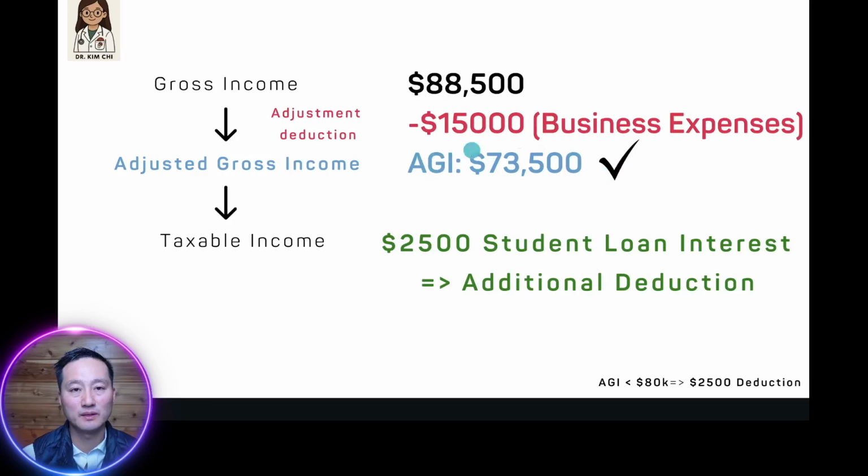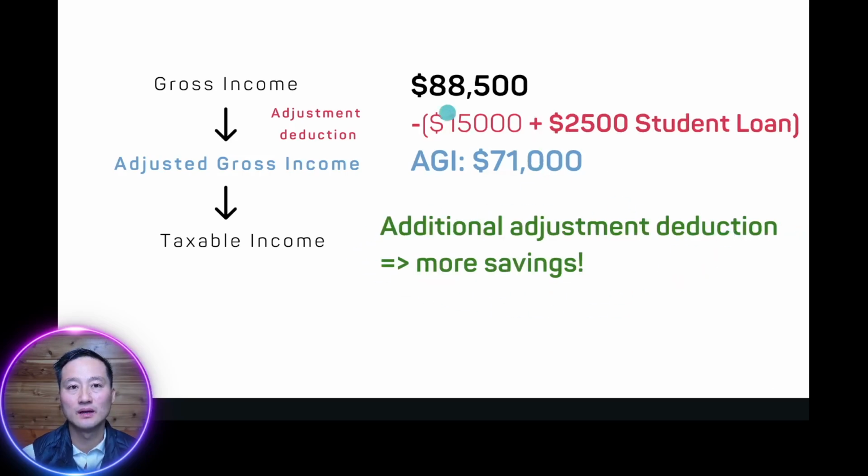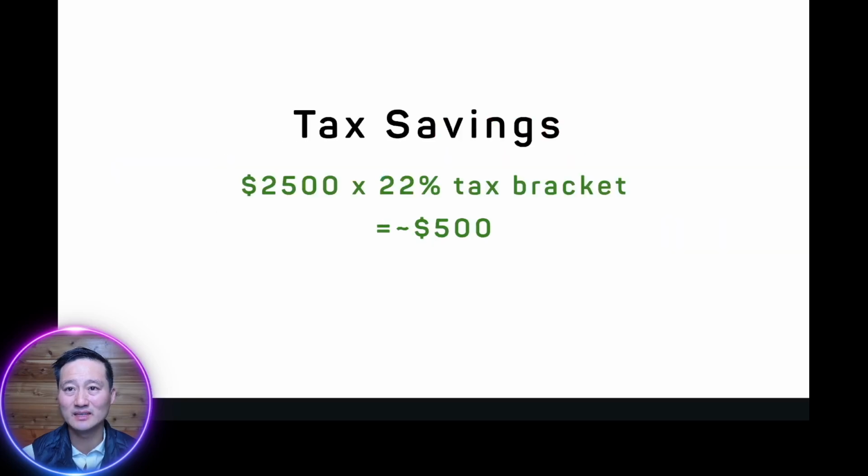Because this number is below $80,000, the full $2,500 of student loan interest payment became an additional deduction. With that, she was able to lower her AGI further, this time by another $2,500. Because she knew the rule and planned ahead, she was able to hit the right AGI target, and as a result, her AGI was further brought down to $71,000. Pretty amazing.